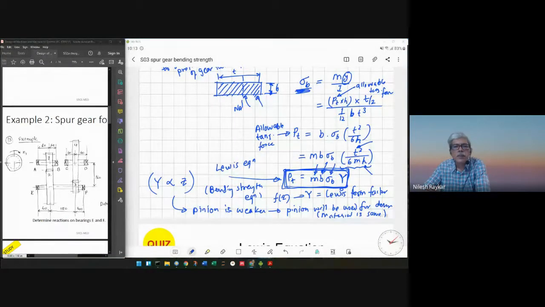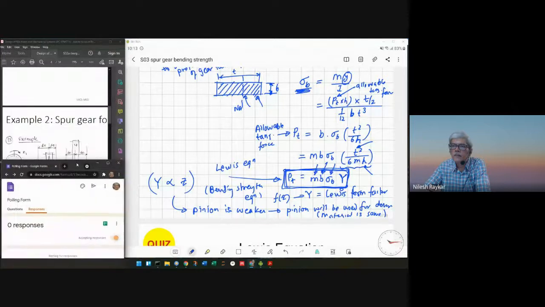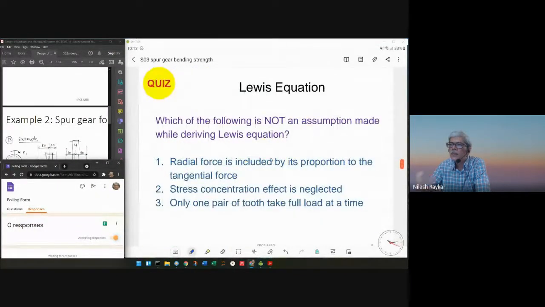So let me bring up my form. Okay, so which of the following is not an assumption made while deriving the Lewis equation?